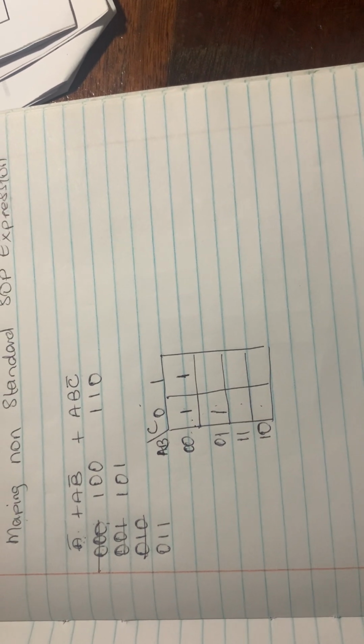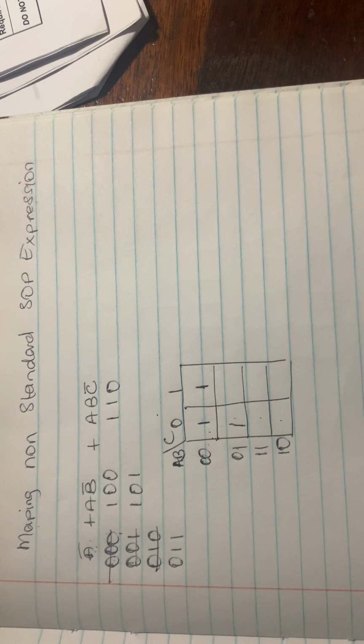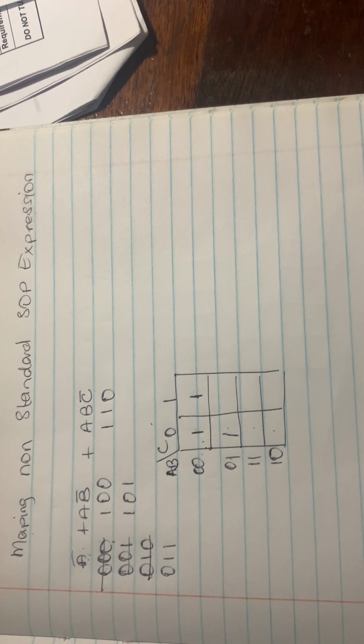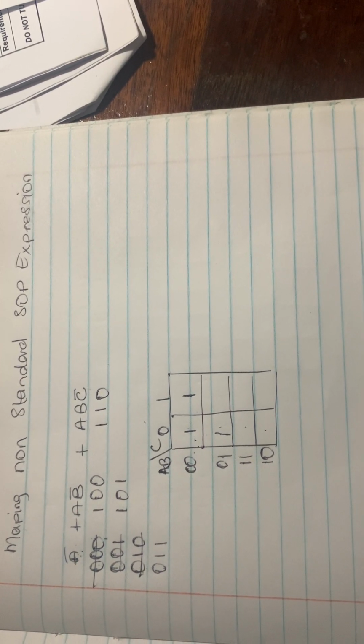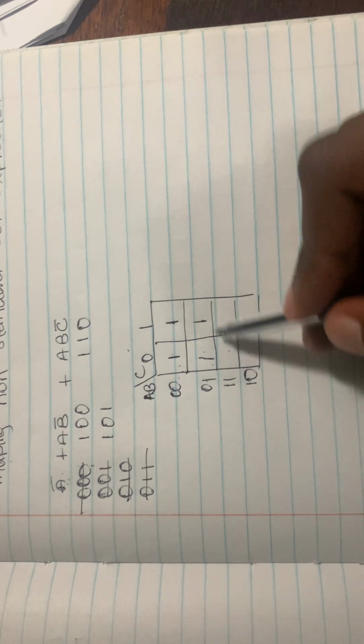Now we are looking at the case where AB is 0, 1, same space, but now C is 1. So we can have these possible cases on A bar alone.